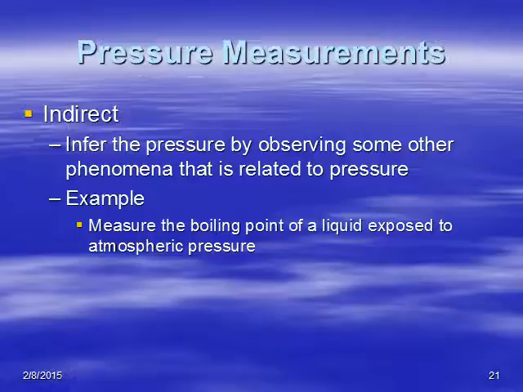A good example, and this is one type of barometer, is you can measure the boiling point at which a liquid boils once it's exposed to atmospheric pressure, because you know that the boiling point is a function of pressure. As pressure goes down, the boiling point also decreases in temperature. So you can actually measure the boiling point and from that infer atmospheric pressure. That would be an indirect measurement.